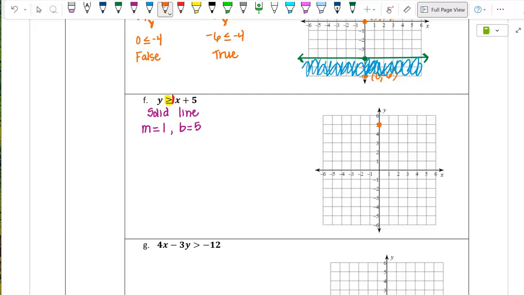Slope of 1 tells me to go up 1, 1 to the right. Since I can't do that again, I can go back to my y-intercept and go down 1 and 1 to the left. And again, it just gives me another point to line up and make sure that I'm going the right way. And this is going to be a solid line.